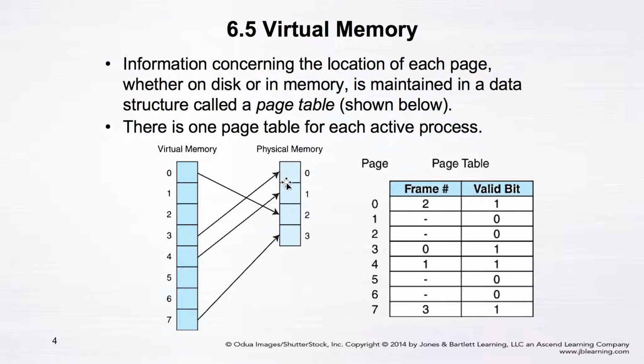So we have frame number 0 here, and the valid bit is set to 1, and so on. Basically the frame number represents the location in the physical memory, and if the information from the virtual memory has been mapped to the frame number in the physical memory, we set the valid bit equal to 1.